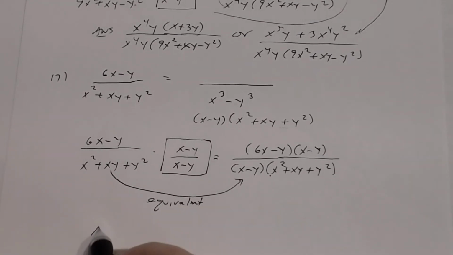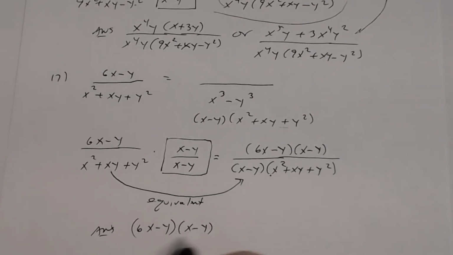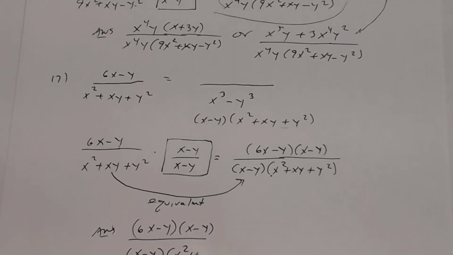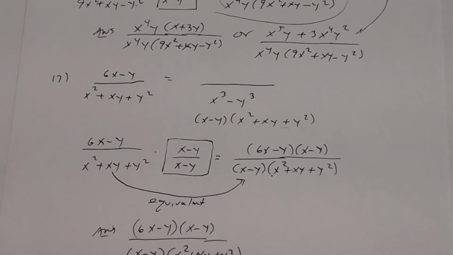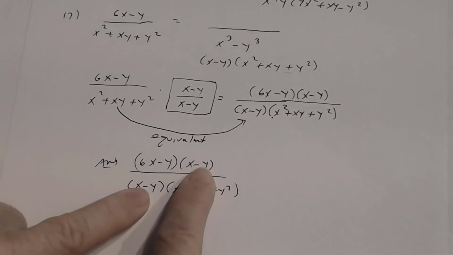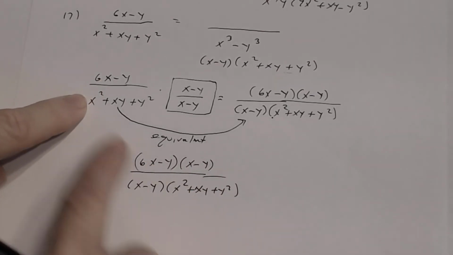And so your answer, you could say this, 6x minus y times x minus y divided by x minus y times x squared plus xy plus y squared. And notice if I simplify based on a lesson we learned a while back, the x minus y's divide out, and you get this back. See this right here? You get this.